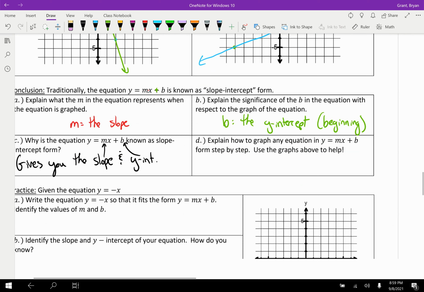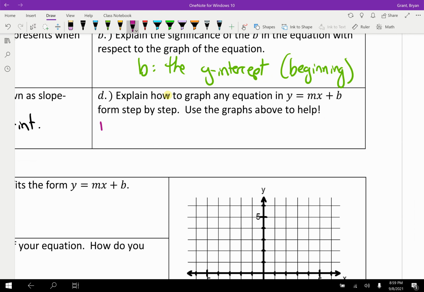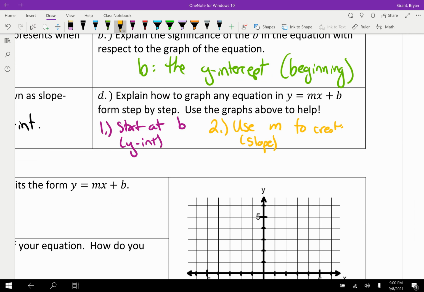So how do we graph equations in slope-intercept form? Well, there's only two steps. Step 1 is we start at b, which is, of course, the y-intercept. And then step 2 is once you have graphed one point, you use m, which is, of course, the slope, to create more points.